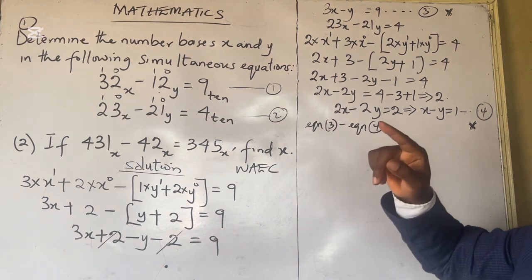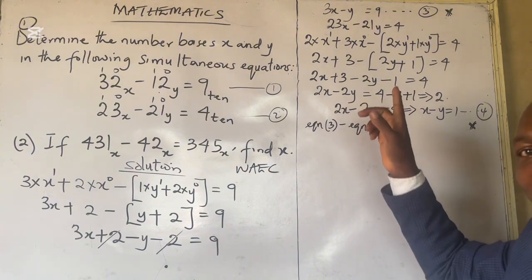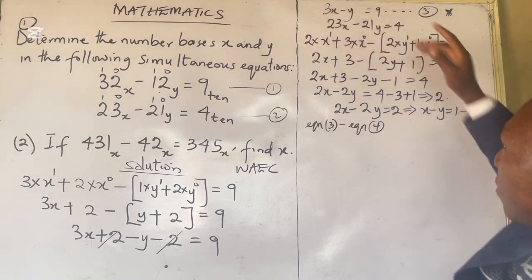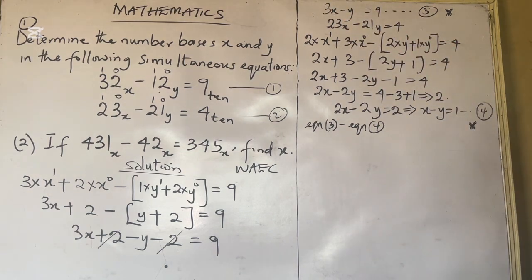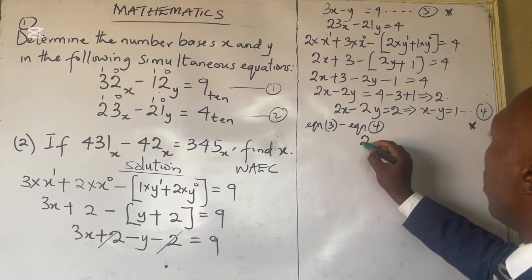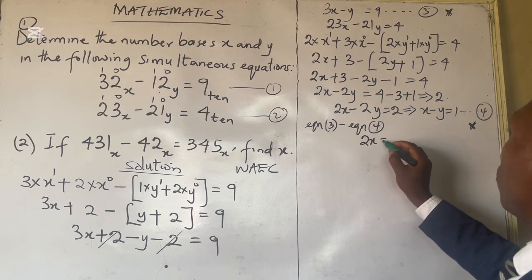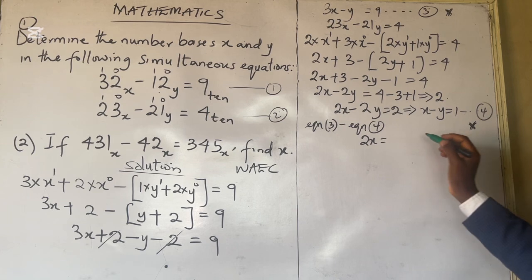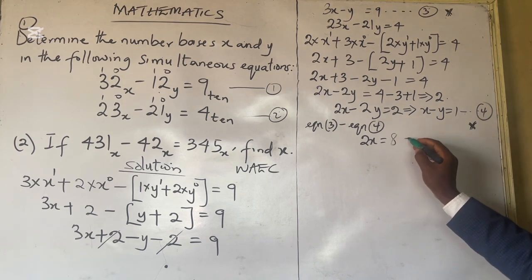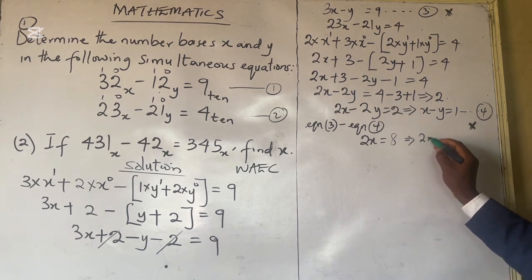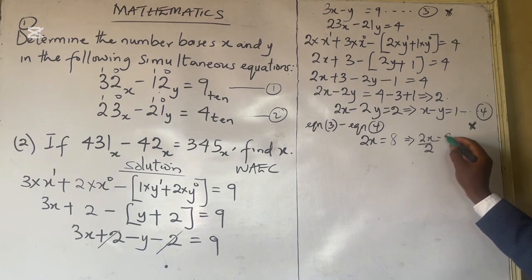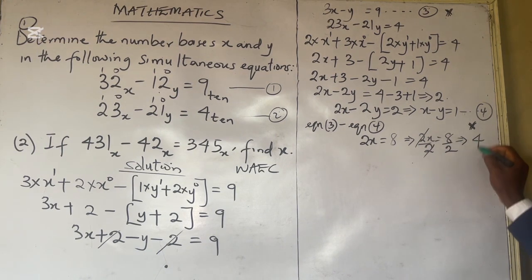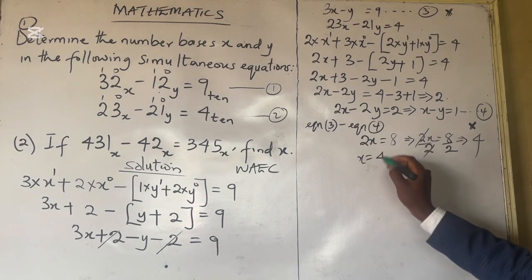If I say minus y minus minus y, that will eliminate the y, and you are left with 3x minus x. So that will give you 2x equals 9 minus 1, that's 8. So the value of x will be 2x over 2 equals 8 over 2. So x is equal to 4.